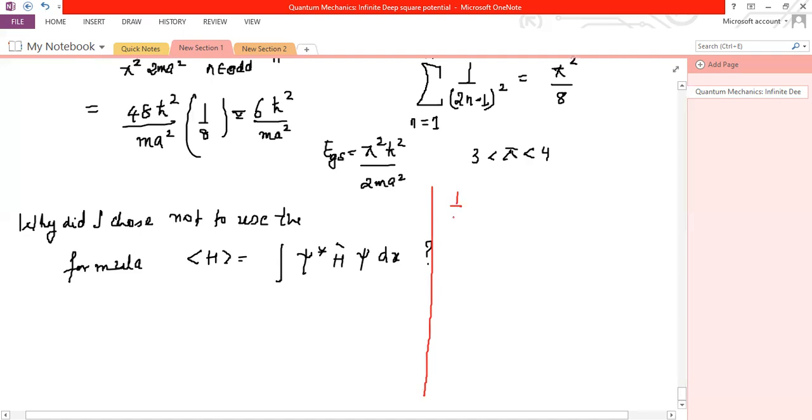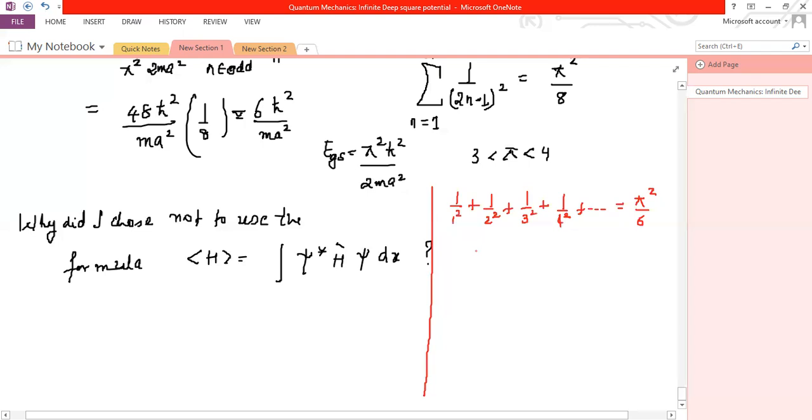So I know that 1 upon 1 square plus 1 upon 2 square plus 1 upon 3 square plus 1 upon 4 square and so on all comes out to be equal to pi square upon 6. And I only want to calculate 1 upon 3 square, 1 upon 5 square, and so on and so forth.